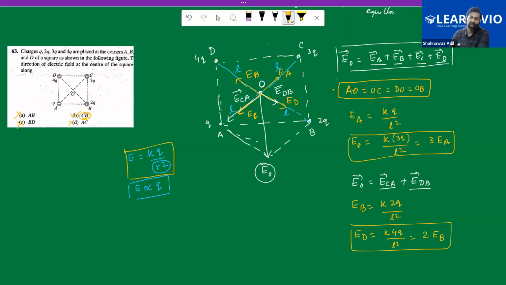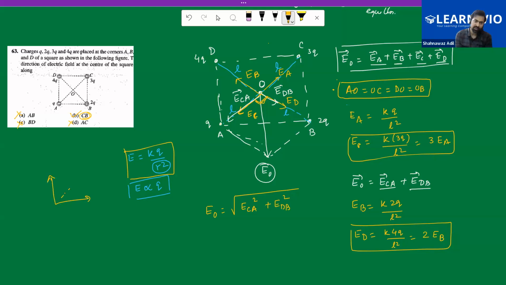Yes, sir. And if I ask you what would be the magnitude of the electric field? That would be simply EO magnitude, that would be the square root of ECA square plus EDB square, because they are perpendicular to each other, right? We are trying to find the resultant of two vectors.